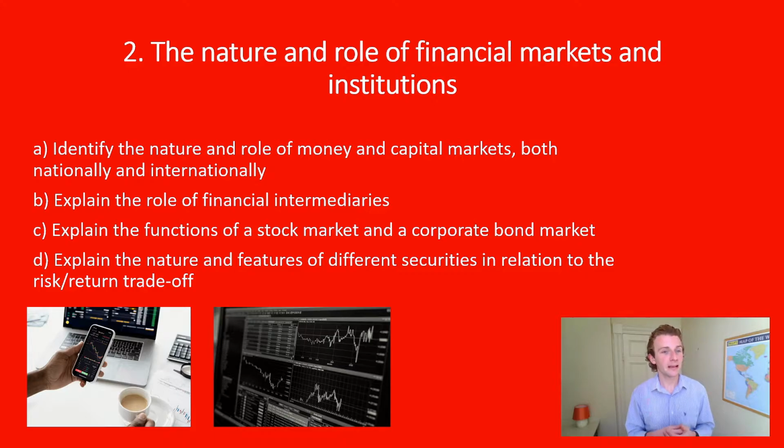Coming on to part B now, we've got explain the role of financial intermediaries. Sorry for my pronunciation, but putting it quite simply, what it means is just an organisation or institution in the middle. A classic example of this would be a pension provider.